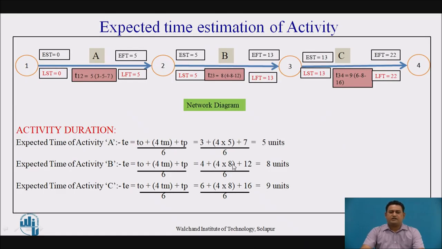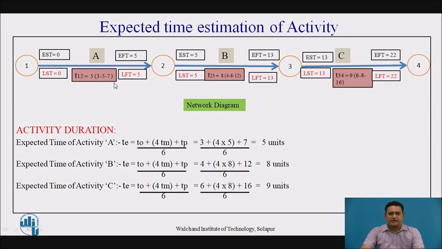Now, expected time estimation of the activities. As we have seen in the earlier slide, the formula is used to define the expected time of each activity. For activities A, B, C there are 3 times for each activity, here 3, 5, 7. 3 is the optimistic time, 5 is the most likely time, and 7 is the pessimistic time.